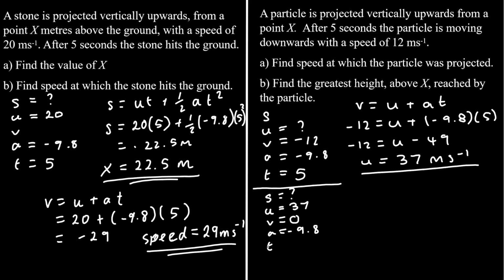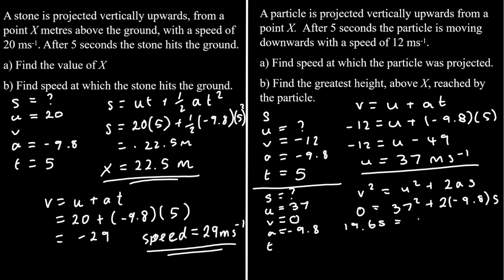So we're going to use the formula without t, v squared equals u squared plus 2as. So 0 equals 37 squared plus 2 times minus 9.8 times s. So we're going to have 19.6s equals 37 squared.